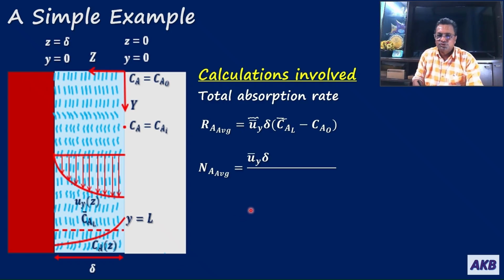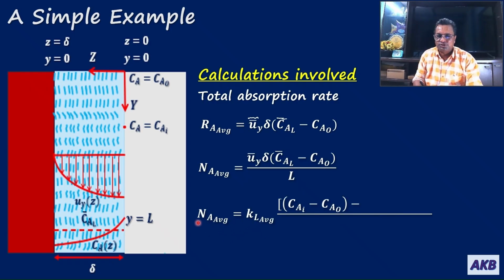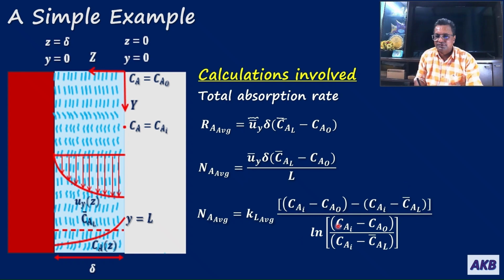If you want it as mass transfer flux, moles per unit time per unit area, you can use NA average is equal to Uy bar into delta into (CAL bar minus CA naught) by L. Or you can also use the equation in terms of KL average: NA average is equal to KL average into (CAI minus CA naught minus CAI minus CAL bar) divided by ln of (CAI minus CA naught by CAI minus CAL bar). In this way, you can find the total absorption rate.